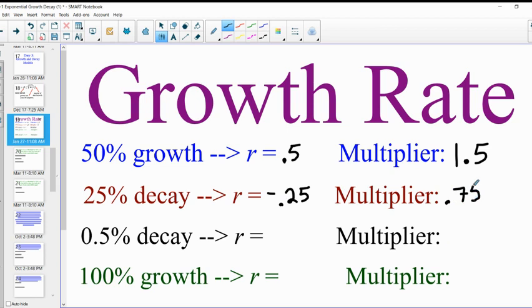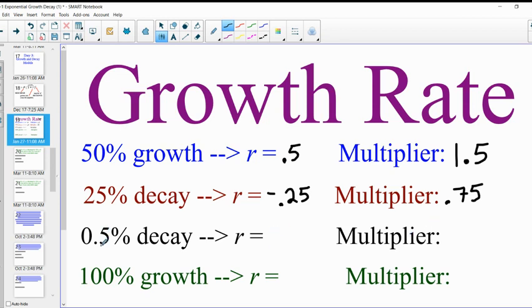An alternative way of thinking about this is that if I've got 25% decay, if I'm losing 25% of something, then I still have 75% of it left. So a multiplier of 0.75 would correspond to decay of 0.25.